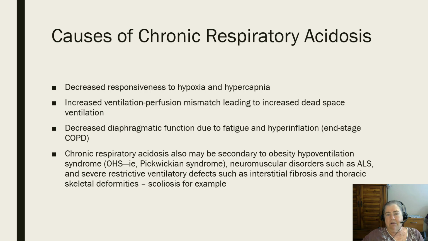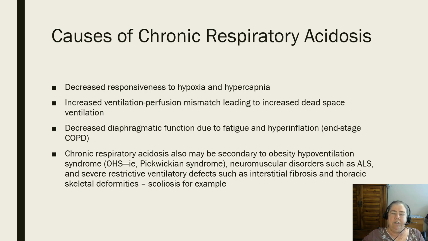So, those neuromuscular disorders, again, sometimes there's an acute decrease in breathing, which leads to an acute respiratory acidosis. But sometimes there's just chronic hypoventilation. The obesity hypoventilation syndrome, called Pickwickian syndrome, can cause chronic respiratory acidosis.